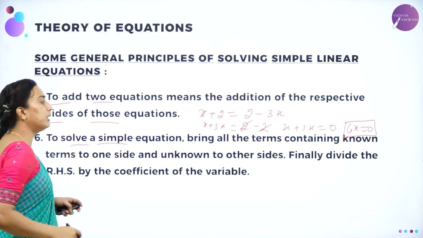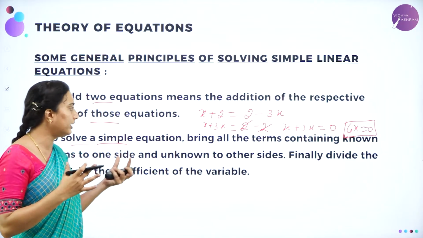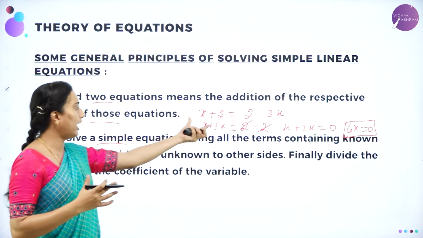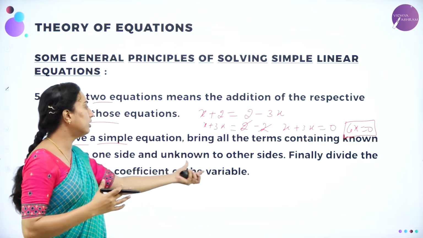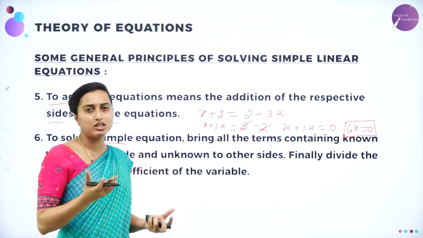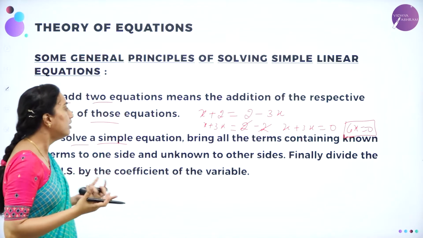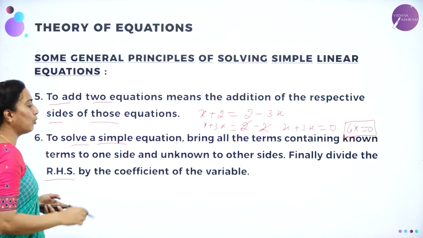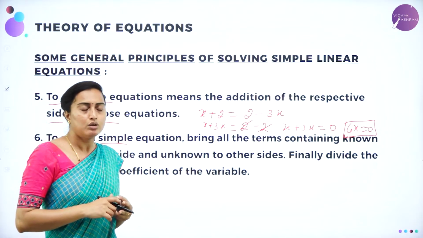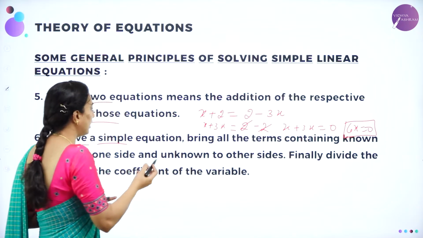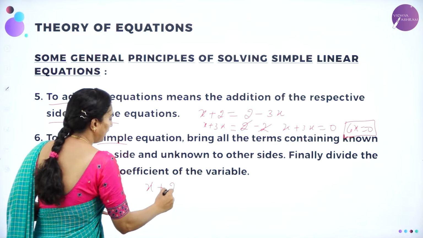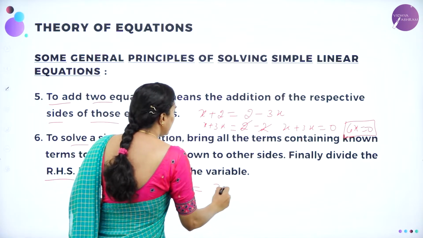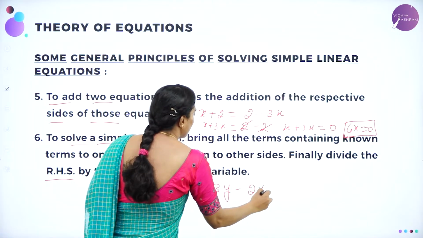To solve the simple equation, bring all the terms containing known terms to one side as I have written here, and unknown terms to the other side. Unknown terms means the constant terms you are going to have. Finally, divide RHS by the coefficient of the variable. Coefficient of the variable means here you are having x plus 2y is equal to 3y minus 2x plus 1.